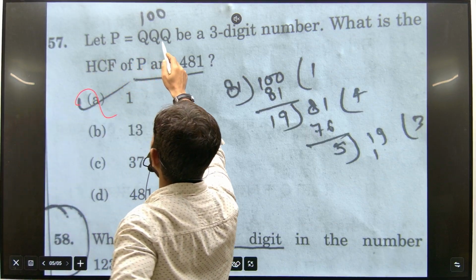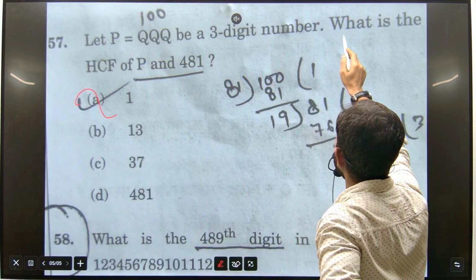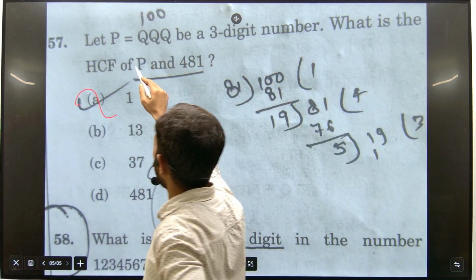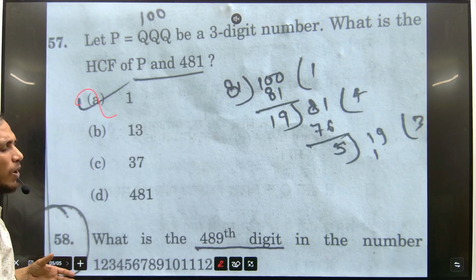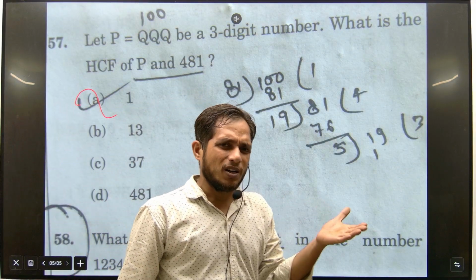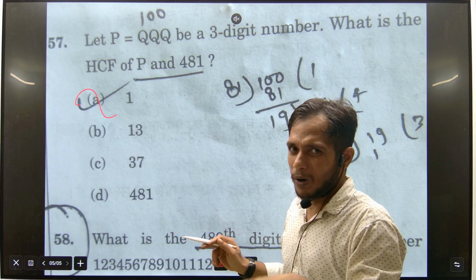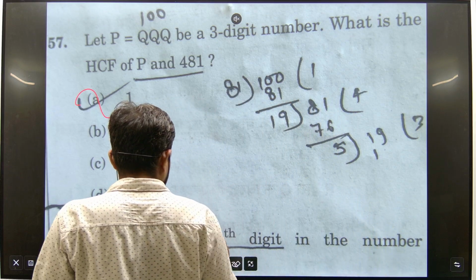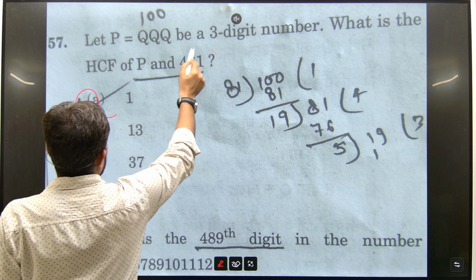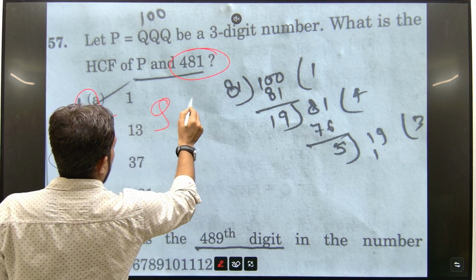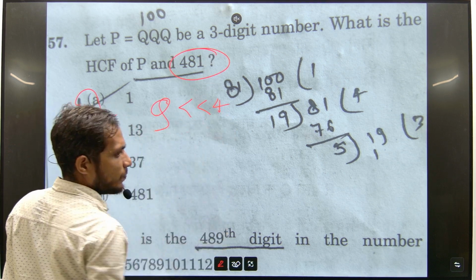Let PQQQ be a 3-digit number. What is the HCF of P and 481? You can do such a question by hit and trial because clear data is not provided here. But we need to analyze the question from the given statement. The value of Q must be less than 4. Why?